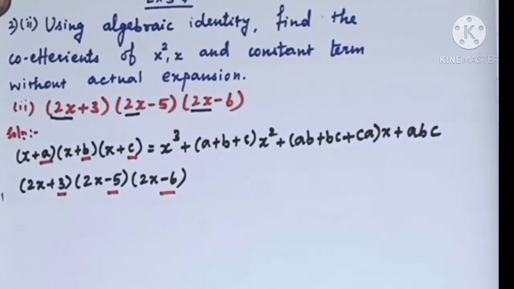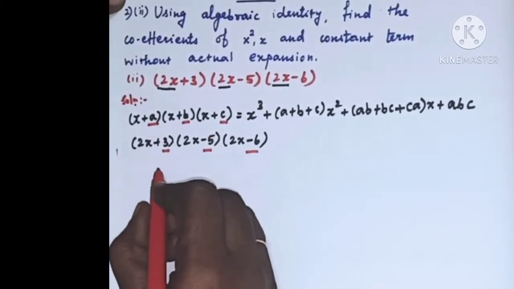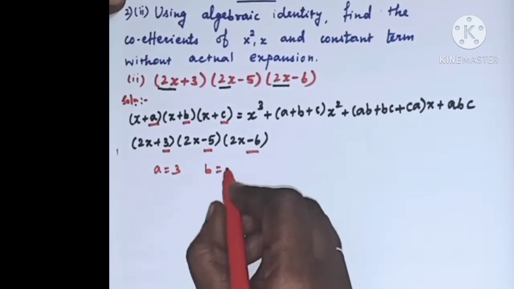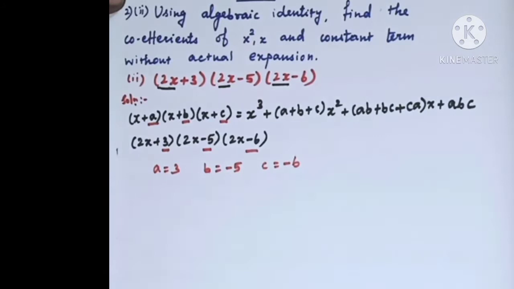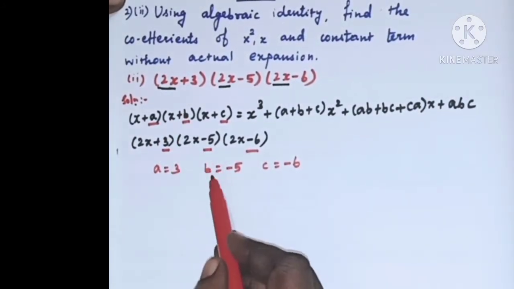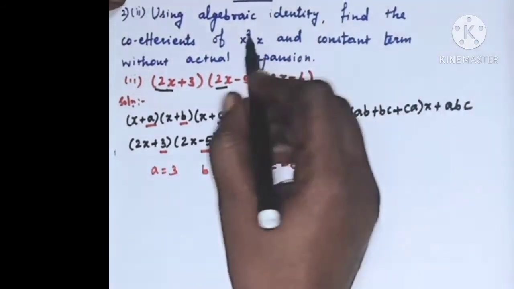So we have to find the values of the variables first. So a is equal to 3 and b is equal to minus 5 and c is equal to minus 6.